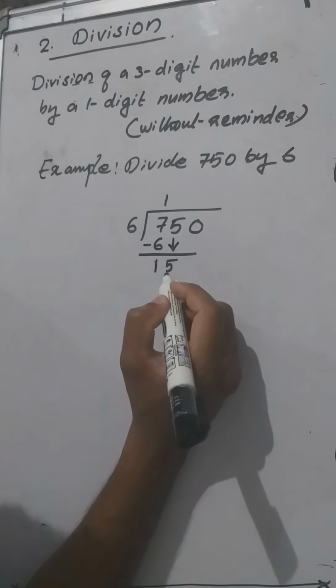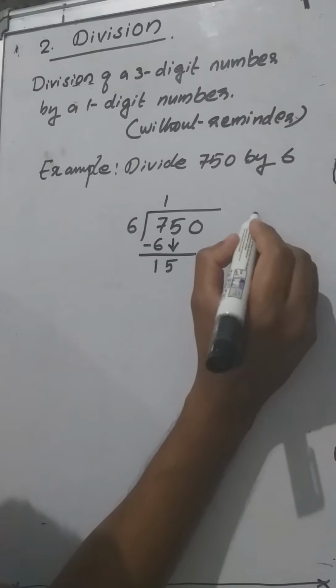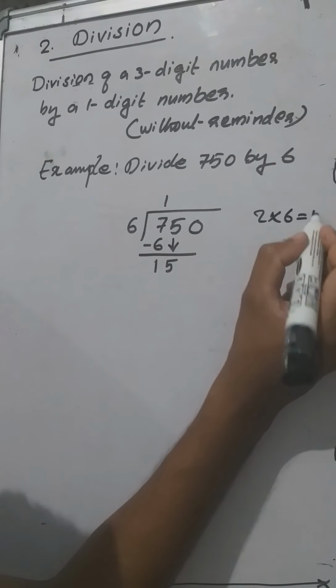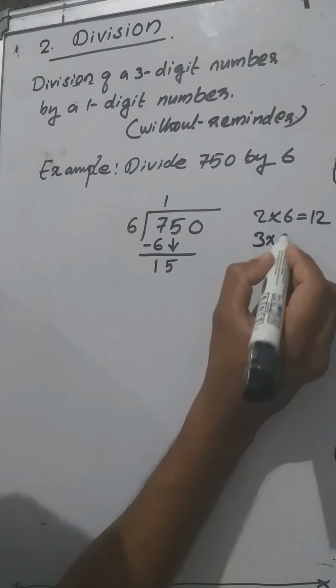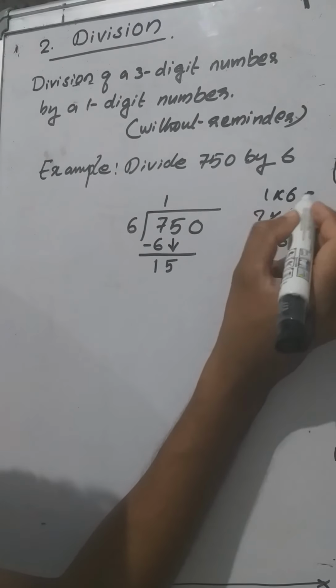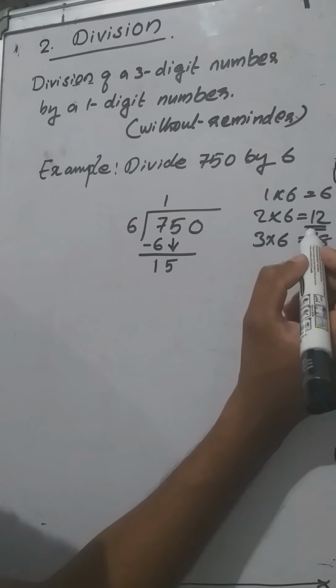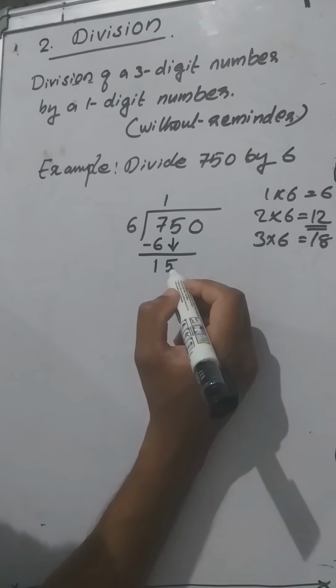Now you have to find how many 6s are in 15. So 1 6 is 6, 2 6s are 12, and 3 6s are 18. So here 12 is very near to 15 and less than 15.